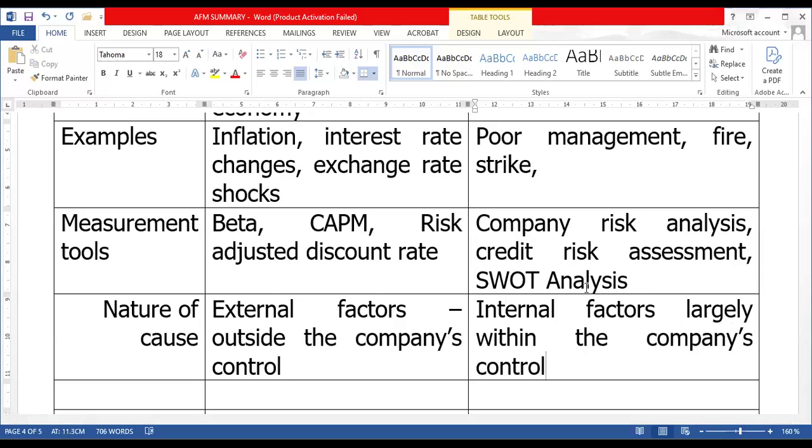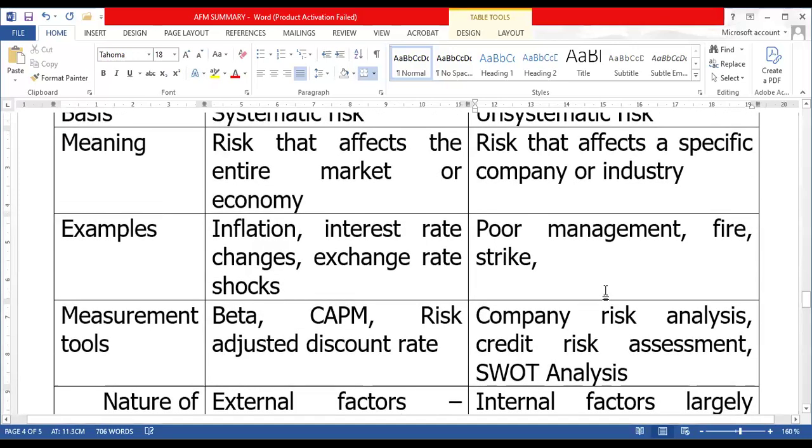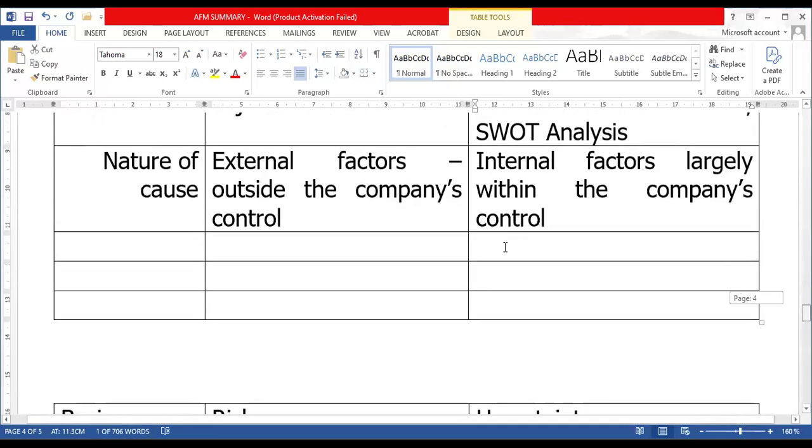If it is a strike, as a company, you have control; you could have controlled that. If it's poor management, you have control; you can hire qualified people. If it's issues related to fire, you can come up with appropriate measures to minimize that.